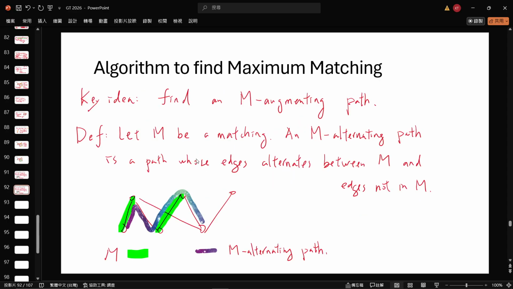I think I'm going to write out a definition again.